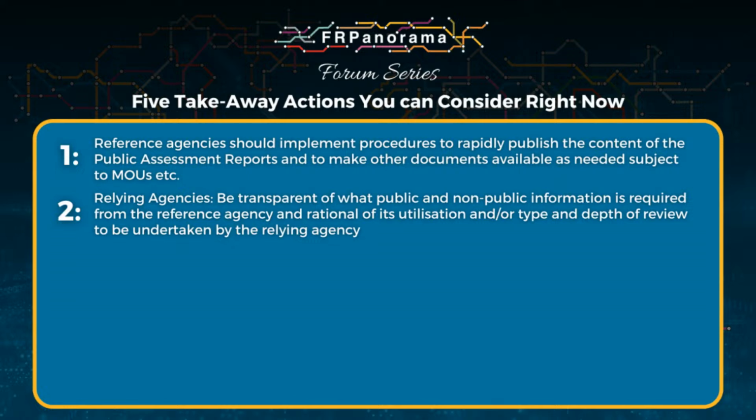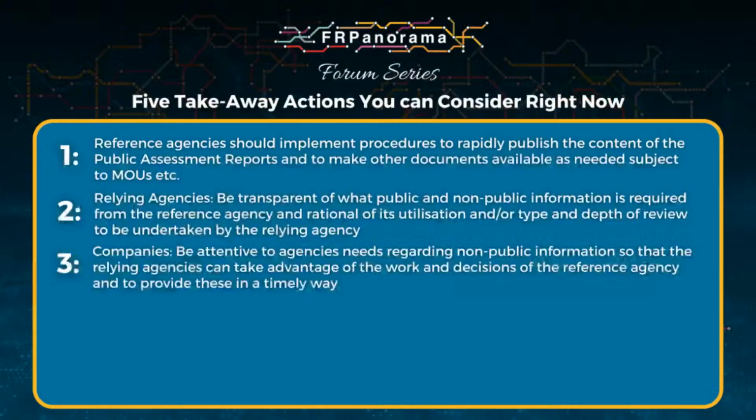Second, relying agencies need to be transparent about what kind of public and non-public information is needed from the reference agencies, so that you understand why you want this information. It's good for the companies, they can understand why you're requesting this, and the agencies providing the information understand why you're requesting it. And as Neil said, the depth of the review can be flexible, and I think that's an important component.